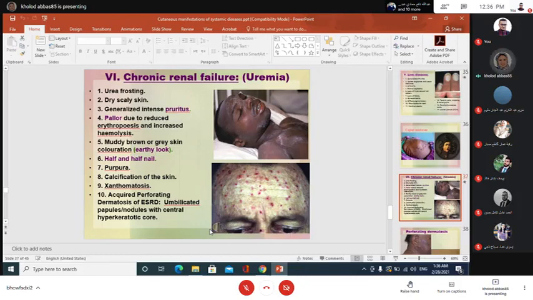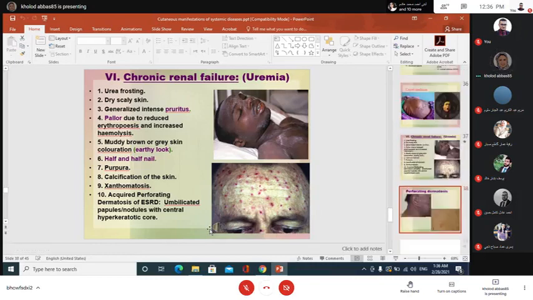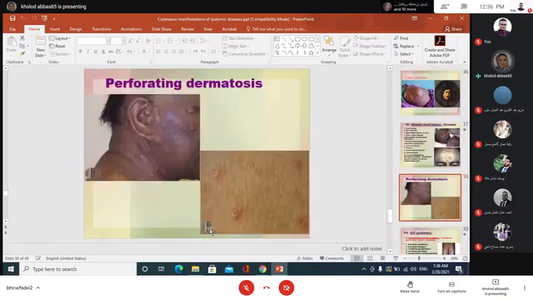They present with umbilicated papules or nodules with center hyperkeratotic core seen in end-stage renal diseases. Renal failure. هذا perforating dermatosis. قلنا multiple papules with center keratotic centers or plugs.